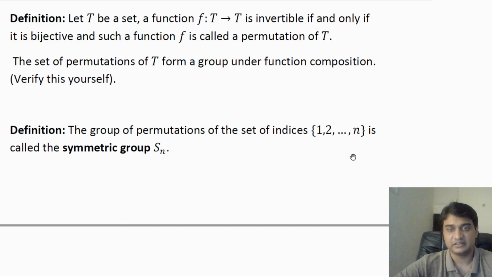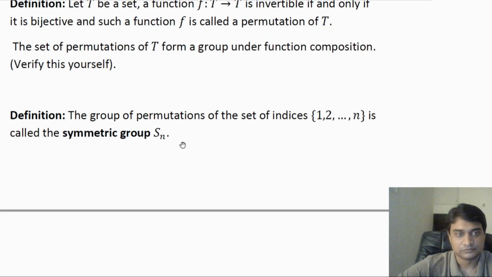If there are n indices, then the permutation of this set of n indices is the symmetric group called Sn. And obviously, the binary operation for this group is function composition.